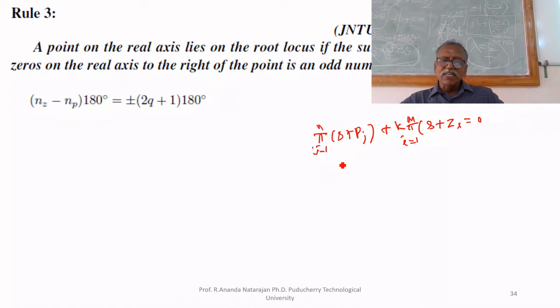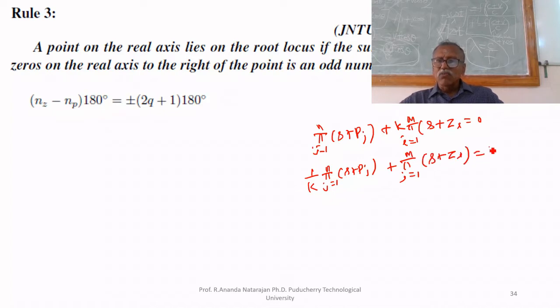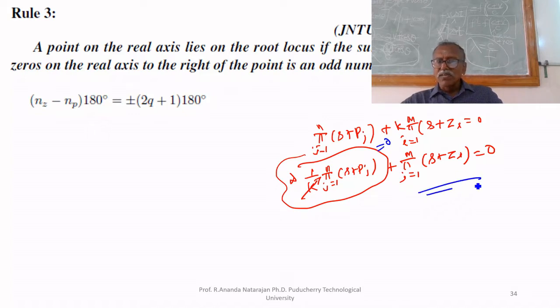If we divide on both sides by K, what will you get? 1 by K times the product of j equal to 1 to n of S plus Pj, plus the product of i equal to 1 to m of S plus Zi, equal to 0. If K tends to infinity, the first part becomes 0. This part alone is there.